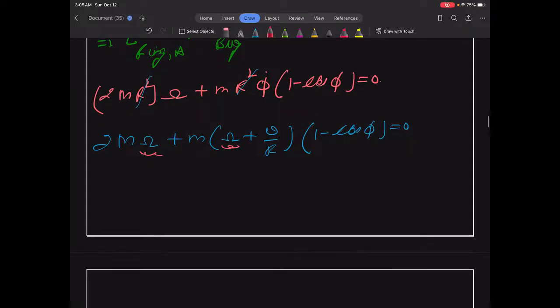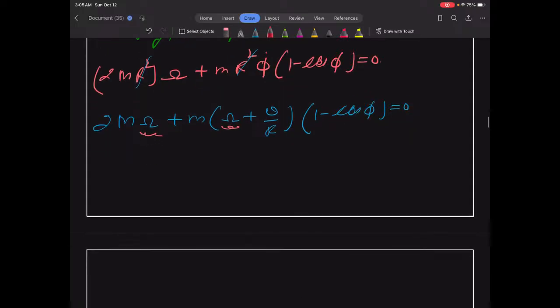So we open it and sort it out. We get 2m omega plus m omega, and we have to multiply by 1 minus cos of phi, plus m v upon r, 1 minus cos of phi is equal to 0.